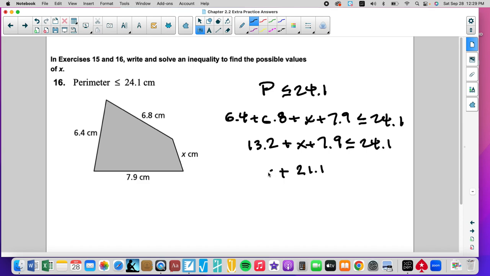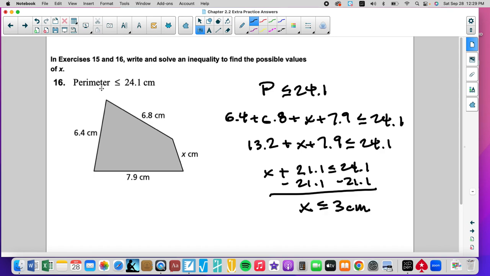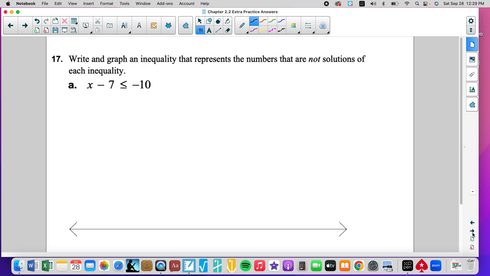Plus my x must be less than 24.1. Let's minus the 21.1. And x must be less than or equal to 3 centimeters. So if the perimeter is going to be less than 24.1 centimeters, then my missing side must be 3 centimeters or less.